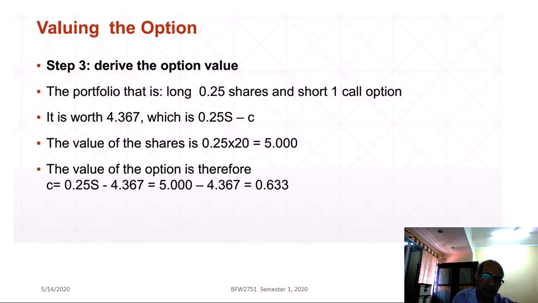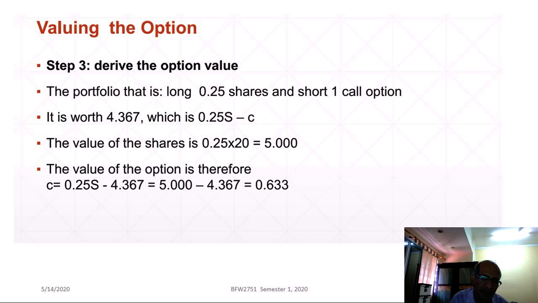Now, step 3 is where you're going to derive the option value. In this case, you are shorting one call option. The portfolio is long 0.25 shares and short one call option. Remember this. Always it depends on that. It's worth in 3 months' time 4.367, which is actually 0.25 times the up price of $22 minus the call premium. So now when you want to check the price today, it is 0.25 times S0, that is 20, which equals 5. Naturally, a quarter of 20 is 5.